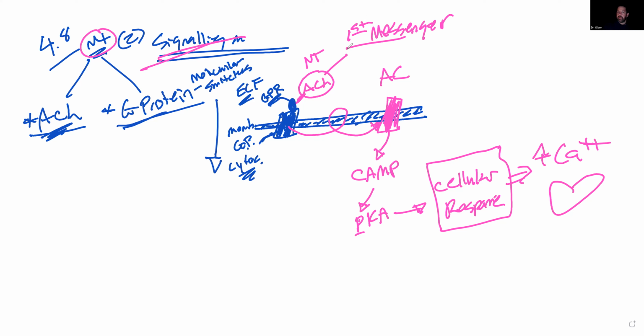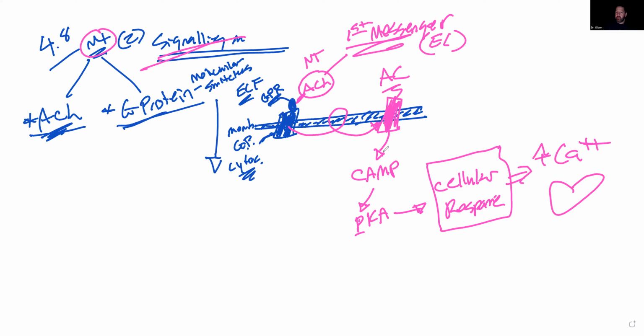The first messenger is extracellular, and it's going to react to the G protein receptor on the G protein. The G protein is going to transfer the signal over to the adenylyl cyclase.